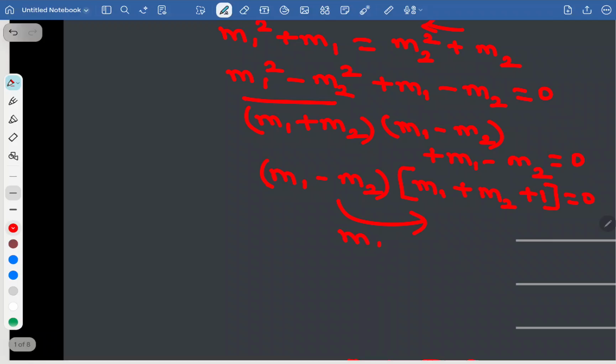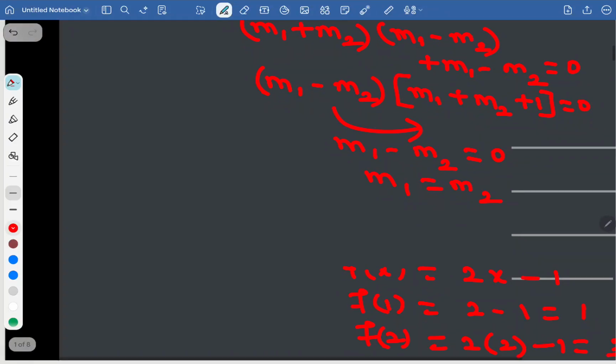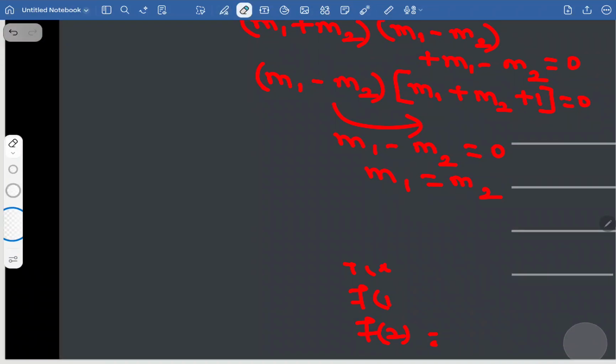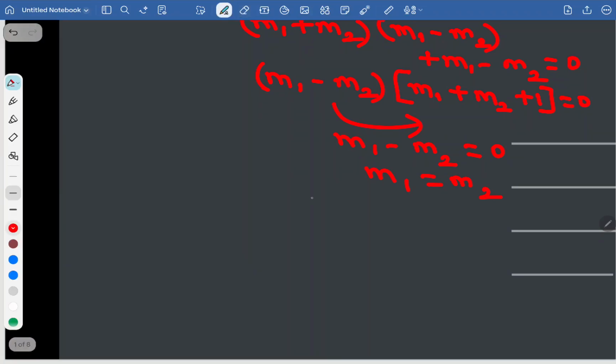From this we can write m1 minus m2 equal to 0, so m1 equal to m2, and m1 plus m2 plus 1 equal to 0. This is not possible because m1 belongs to N and m2 also belongs to N. If you add these two numbers plus 1, it is not possible to get 0.